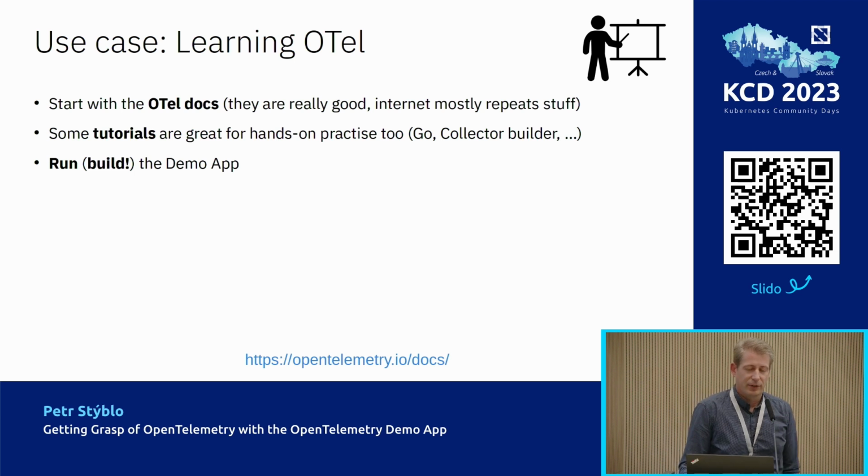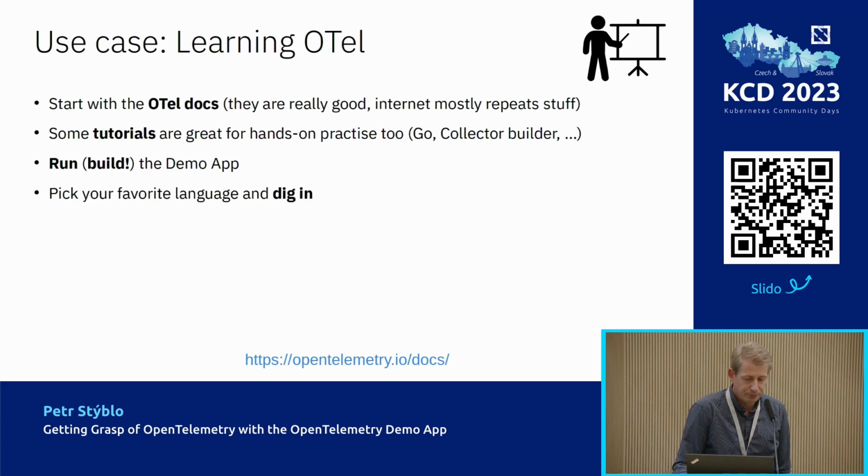the next step in my case, or that I recommend, is run and build the demo. You can run it simply by running the Docker Compose or Helm, but I prefer to actually get the source and build it yourself so that you can see what's happening behind the scenes. Then pick a language and dig in simply.